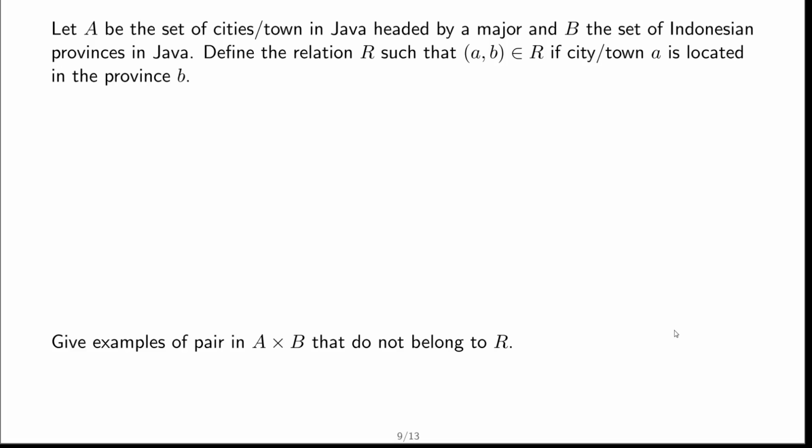So define a relation R such that the pair A comma B is in R if city or town A is located in the province B. Now, in addition, try giving examples of pairs in the Cartesian product A times B, but do not belong to R.